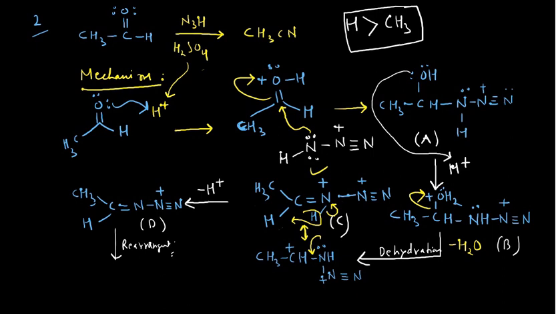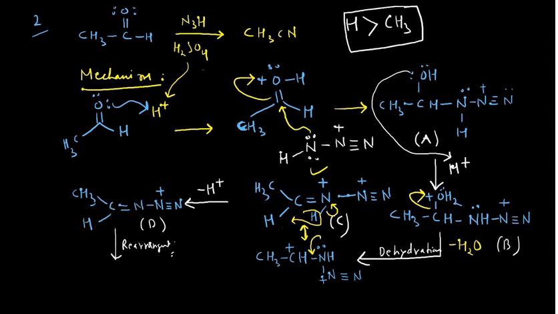In the rearrangement you can see here you are having this CH3 and you are having this hydrogen. Now you have to migrate either this CH3 or this hydrogen, but you know the migratory aptitude if you compare these two. Hydrogen has higher migratory aptitude than methyl. So your hydrogen will migrate from here to there.